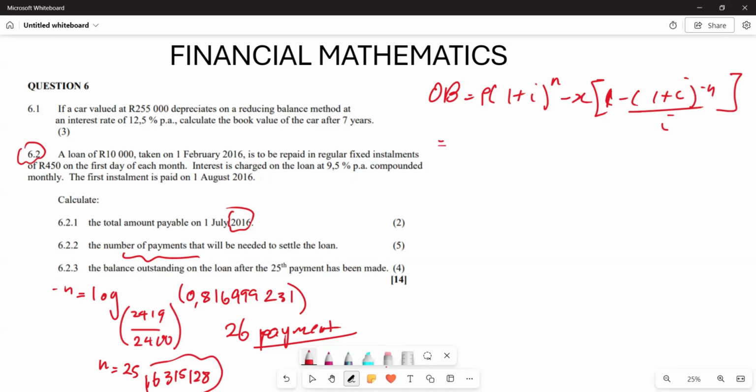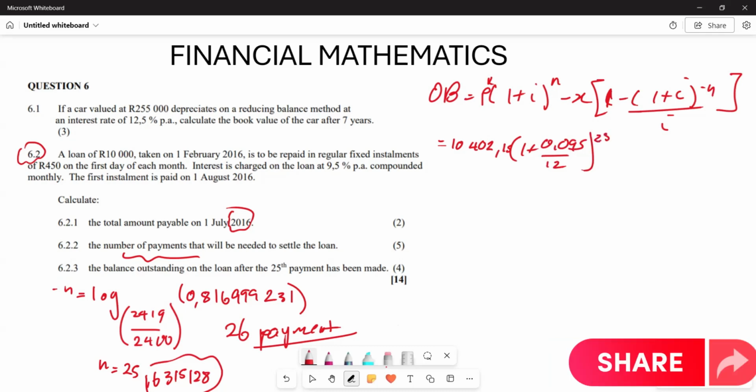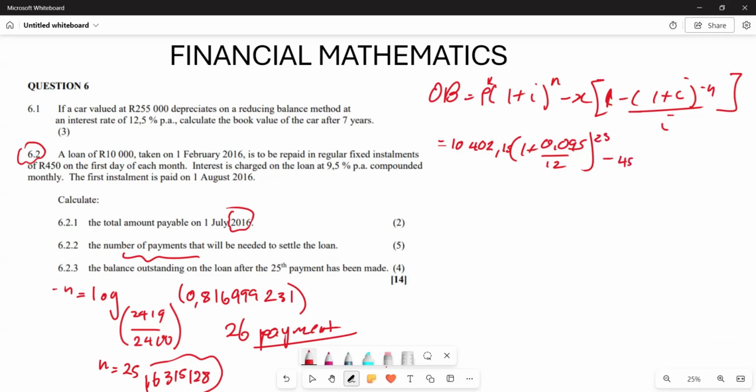Now what is it that you're going to get from here? What was the present amount here? This was 10,402.15 into 1 plus the interest given here, 0.095 over 12. For how long? Remember they say after the 25th payment, so this is going to be the 25th payment. Now this is 450 again into 1 subtract, remember the formula here is actually the one for your future value annuity.